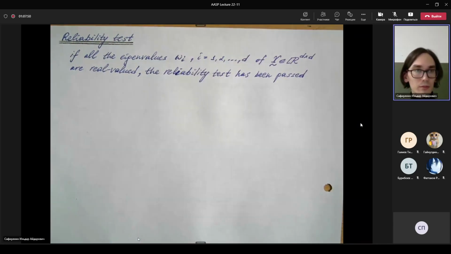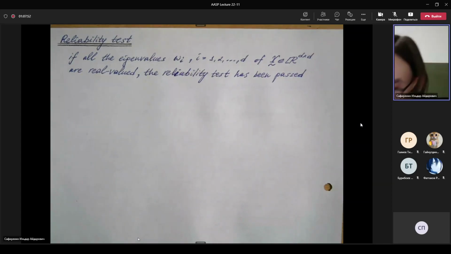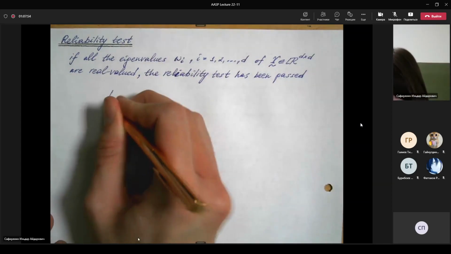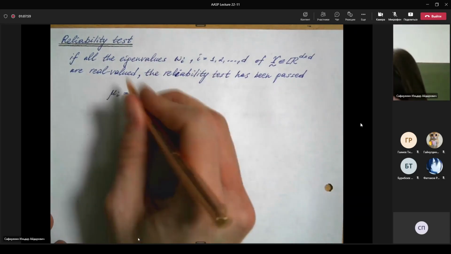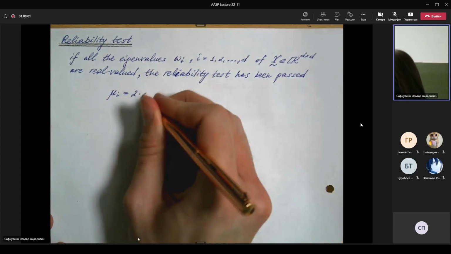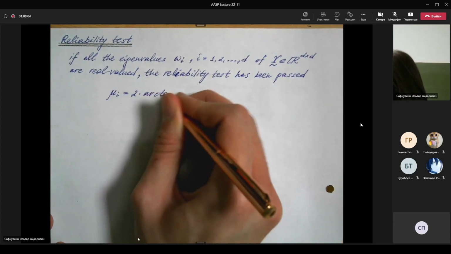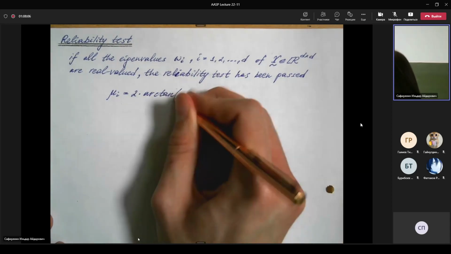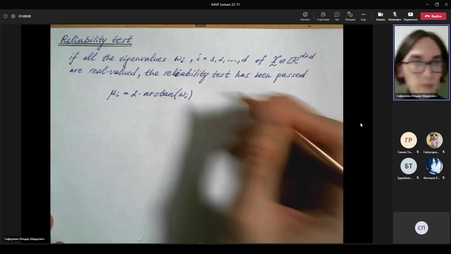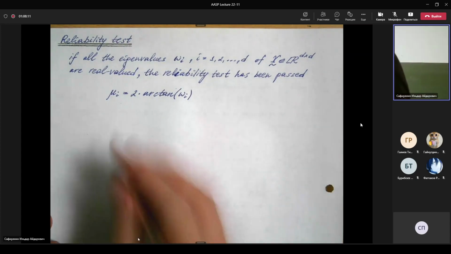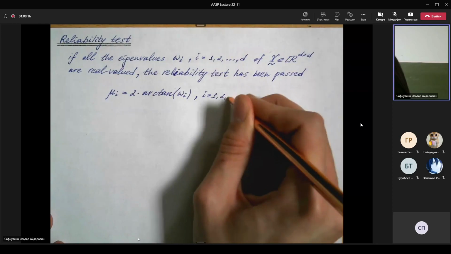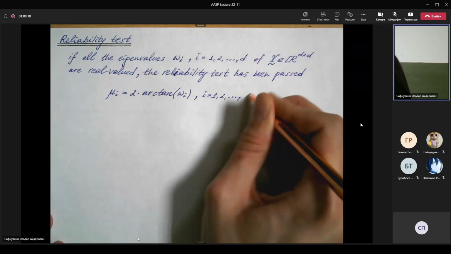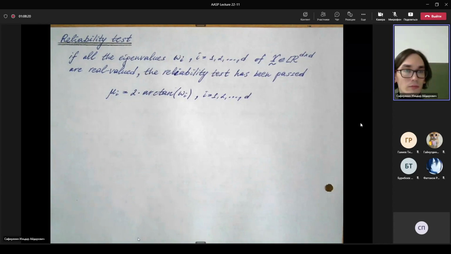And we can find spatial frequencies mu sub i in the following way: 2 times arctangent of our eigenvalue with index i, where i goes from 1 up to small d. So why do we multiply this with 2?